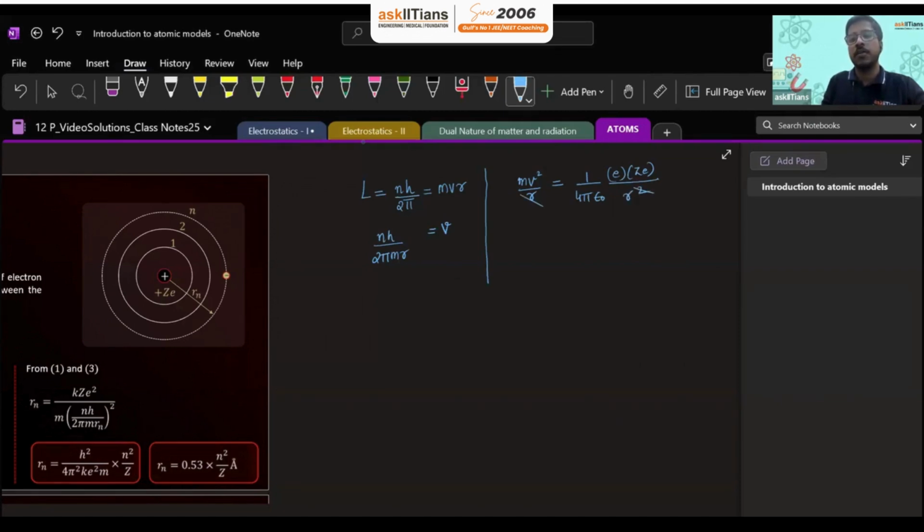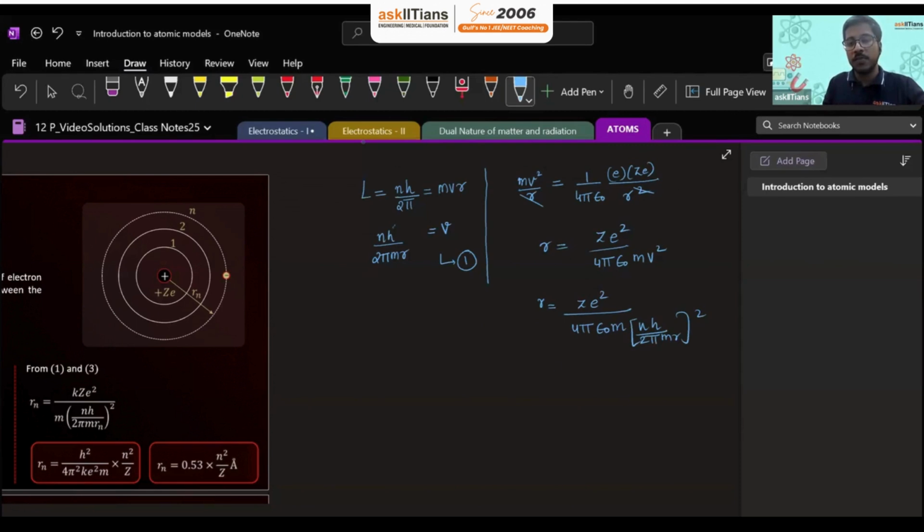From this I can cancel out r, and the value of r becomes r is equal to Ze square by 4 pi epsilon naught m v square. Now, if you substitute for v from equation 1, the equation for r becomes Ze square by 4 pi epsilon naught m v square, where v square is nh by 2 pi mr whole square.